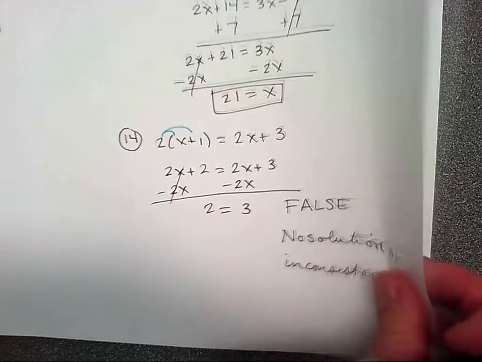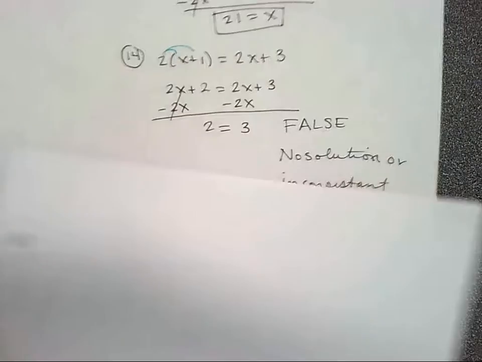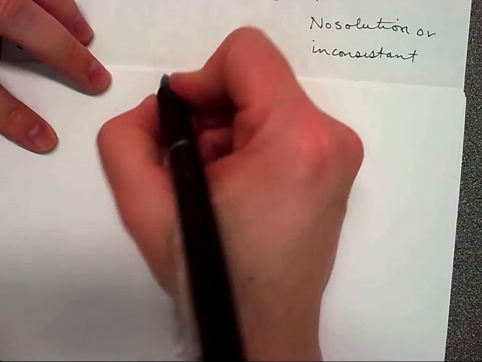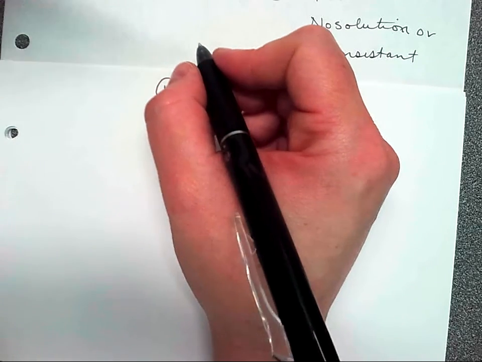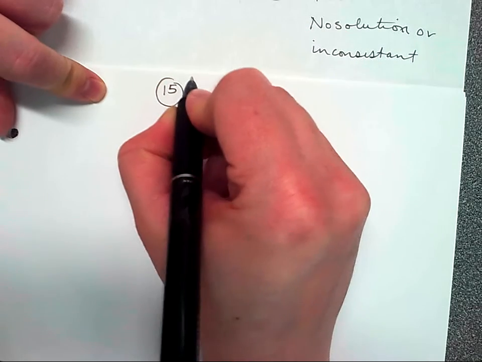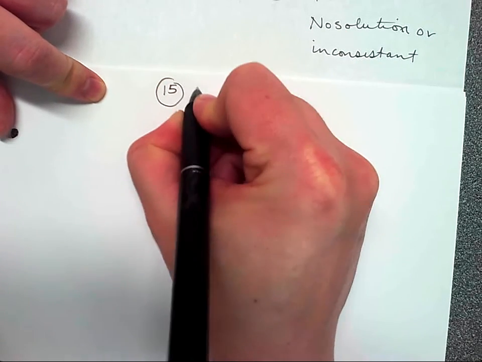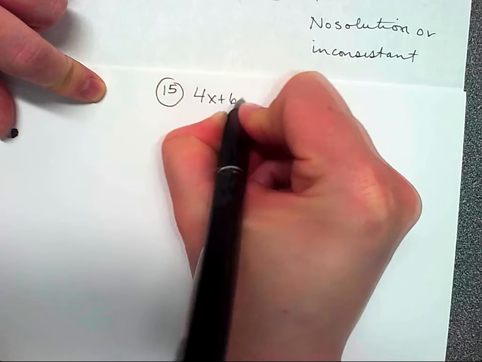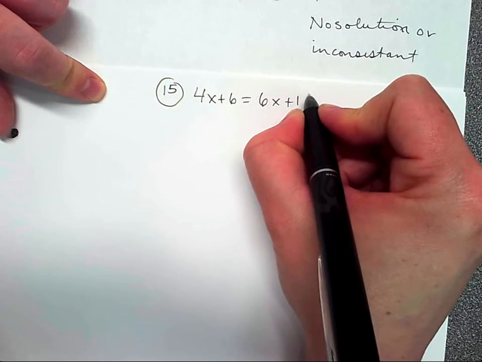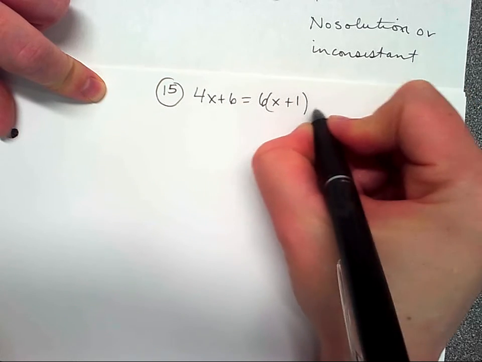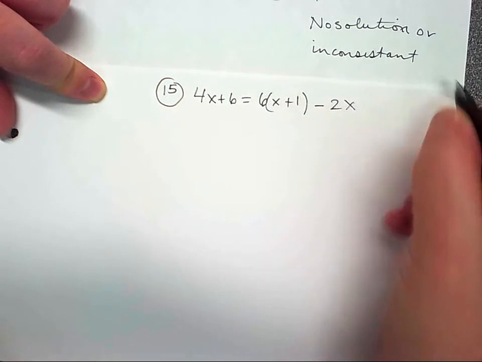I'm going to do one more. 15. Let's do 4x plus 6 equals 6x plus 1 minus 2x.